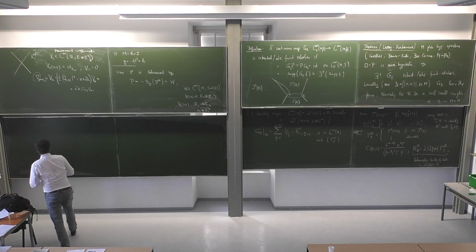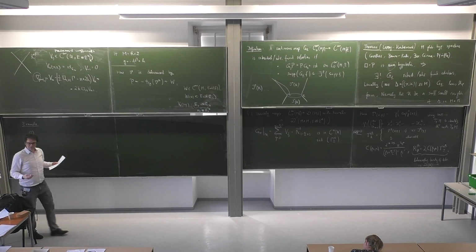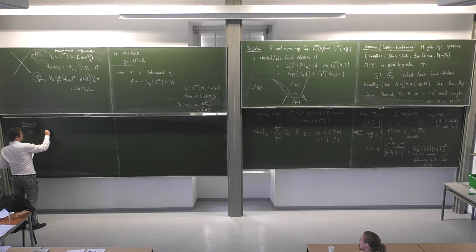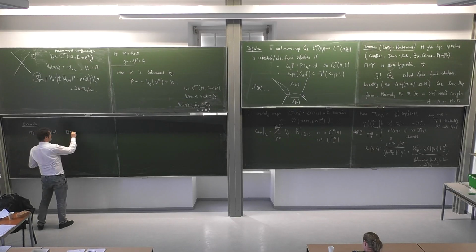Okay, so examples. For example, number 1, it's really just for you to relax for a second, because you already know this example: the d'Alembert operator on functions, namely minus trace squared.